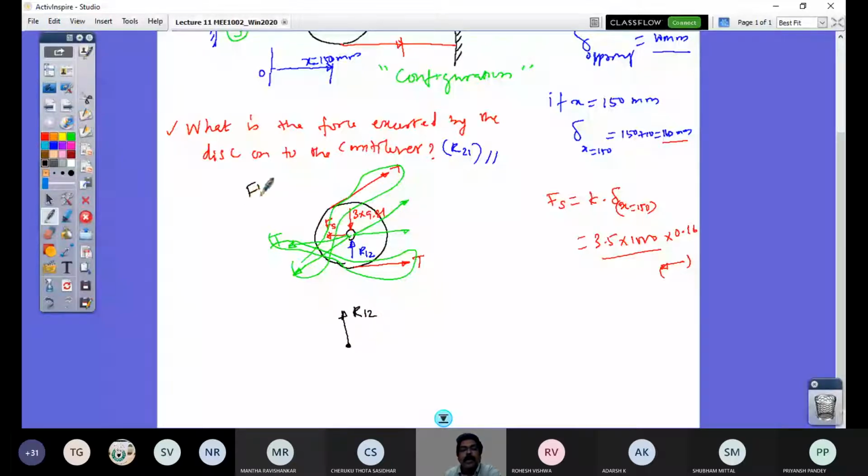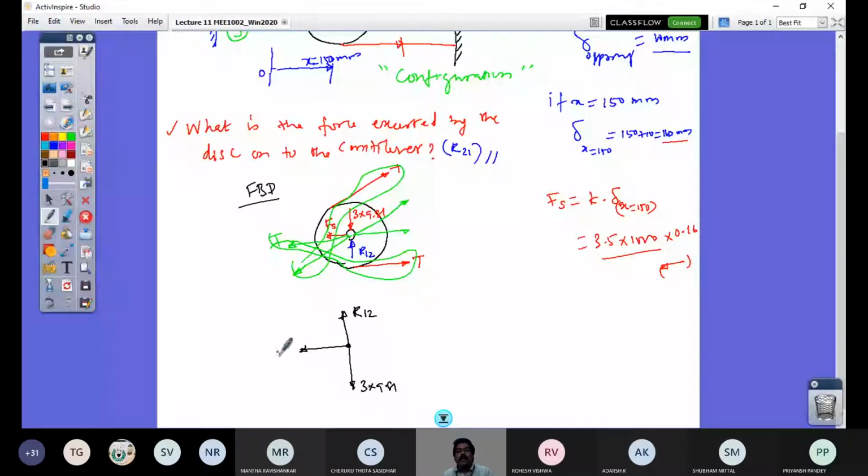This is the FBD, whatever I have drawn. In the FBD, I can take this tension here, or if geometry is not there, you assume all of this is concurrent at one point, and this couple cancels. So here R12, and weight is acting down, which is 3 into 9.81, and spring force is acting to the left, and that is going to be this value.